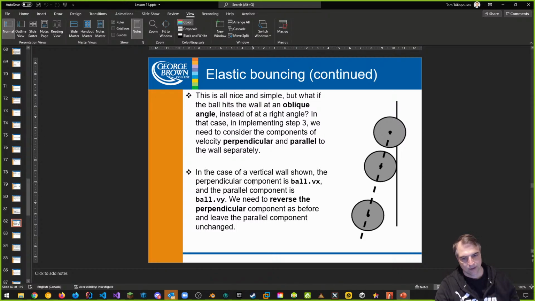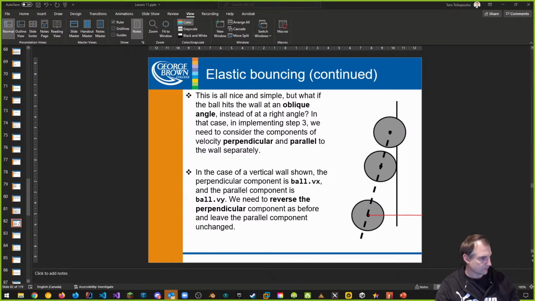In the case of a vertical wall, as an example, the perpendicular component is ball Vx, and the parallel component is ball Vy. We need to reverse the perpendicular component, so x goes this way. Let me just draw the perpendicular component. There are 2 components. This is the perpendicular component, and this is the vertical. Let's try to draw that again. How come it didn't work last time?